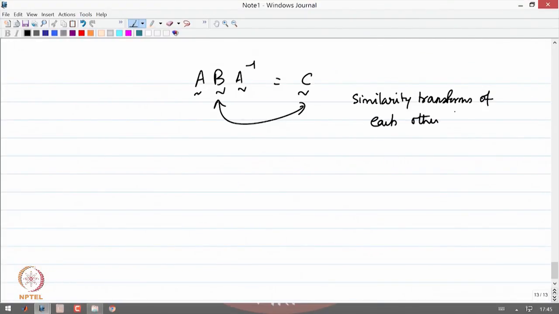In the case of an orthogonal matrix, you have used the inverse as O transpose, and the inverse of O transpose is O, therefore you have done that.